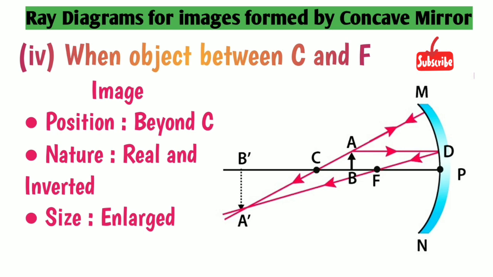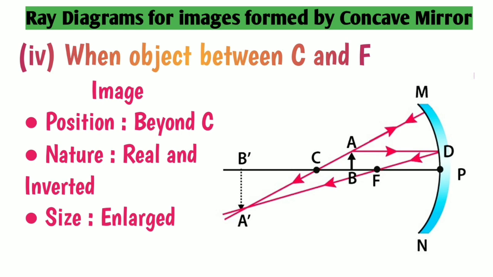So where will the image form? The image will form where both the rays meet, and here the image is formed beyond C, beyond the center of curvature. Nature is real and inverted, and the size will be enlarged. That is, here the object size is small with respect to the image size.